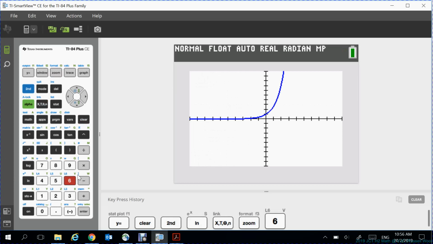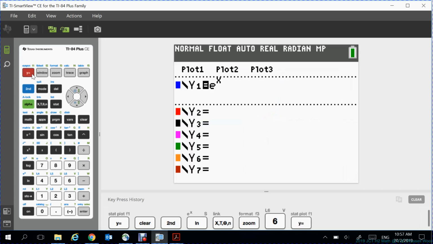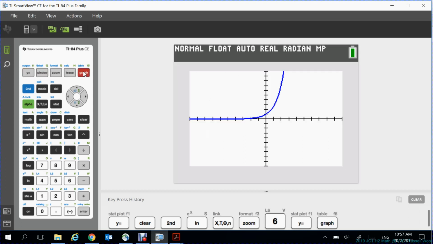Now, this is what you see on the GC. It's okay, I just very quickly do this. You can actually sketch e to the power of x on your GC. You get e to the power of x, then you go to graph.